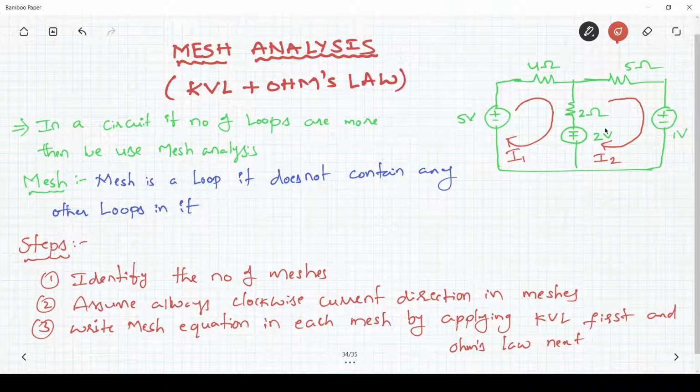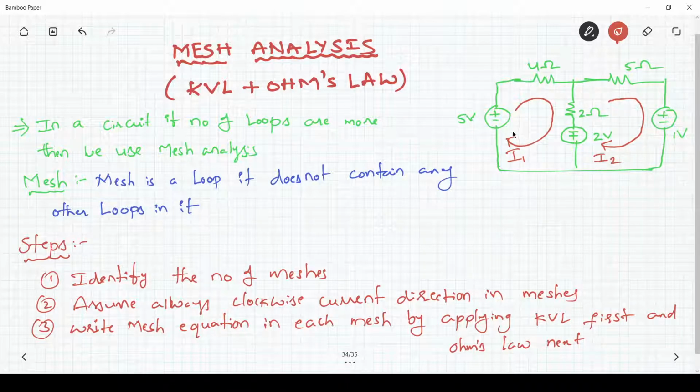These are just assumptions. Next, what is the third step? Write the mesh equation in each mesh by applying KVL first and Ohm's law next. So now in this mesh apply KVL. In this mesh also you have to apply KVL.